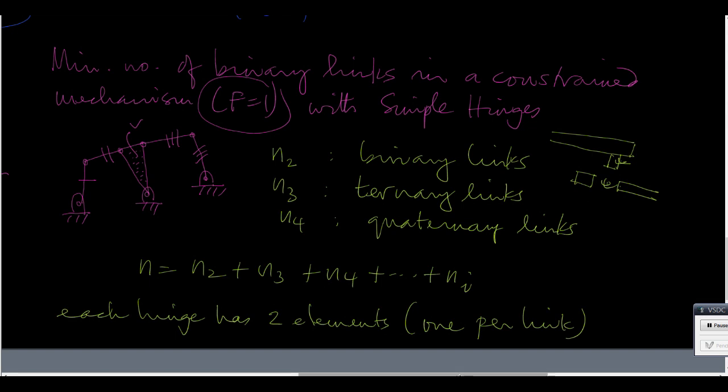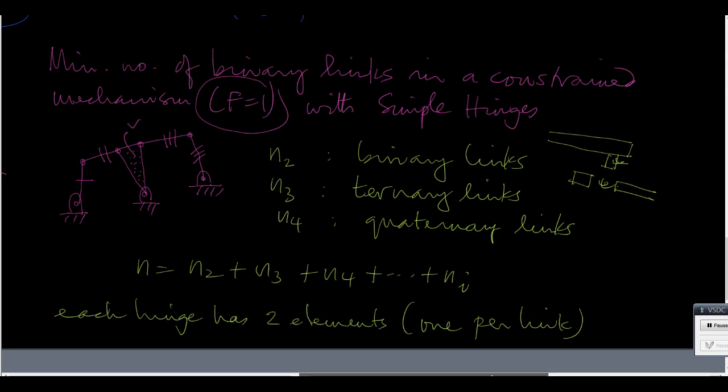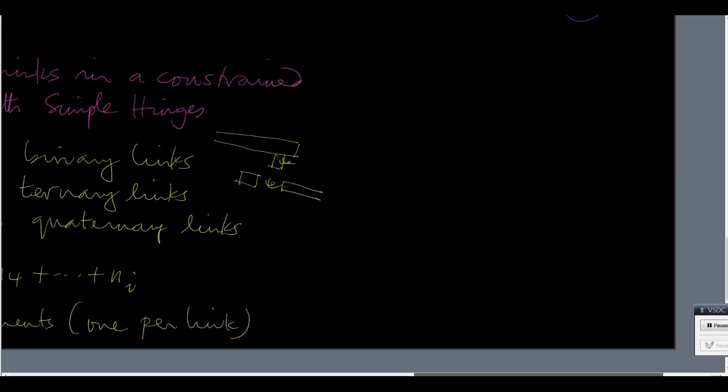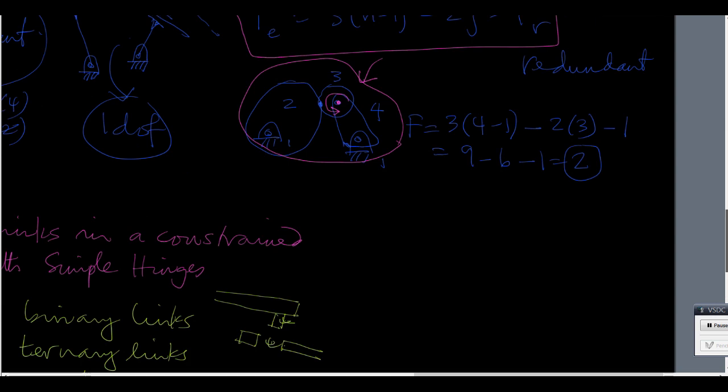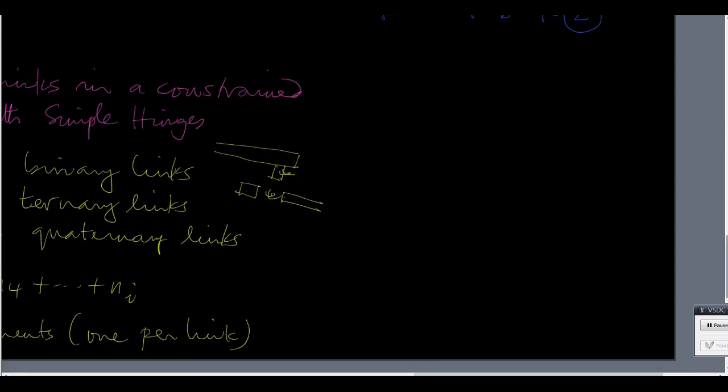Now, here is the interesting part. Now, the total number of elements is equal to 2j.